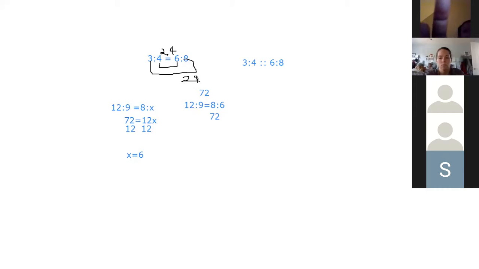Page 50, practice problems, numbers 10 through 14.